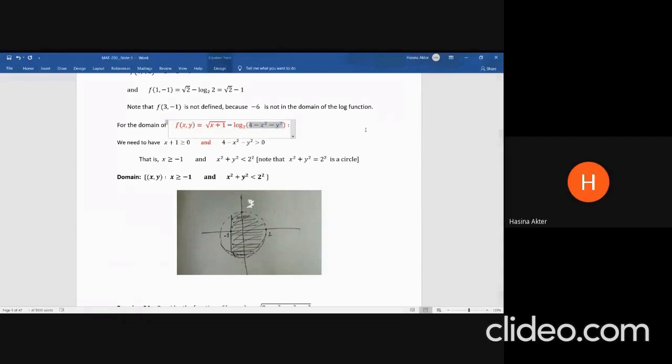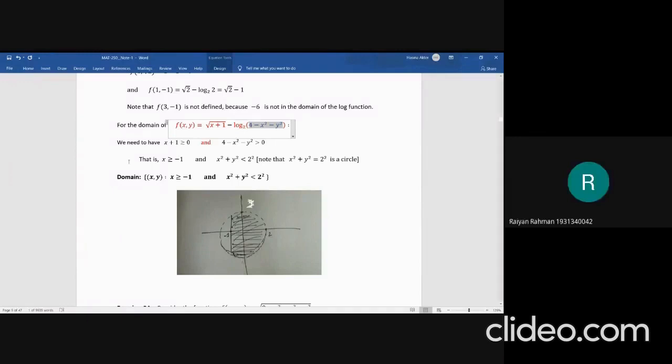So the input is given as an expression here. We don't care what x and y are, we just need 4 minus x squared minus y squared to be positive. Our requirement is 4 minus x squared minus y squared greater than 0 so that the log is defined. Is that clear? Yes, miss.